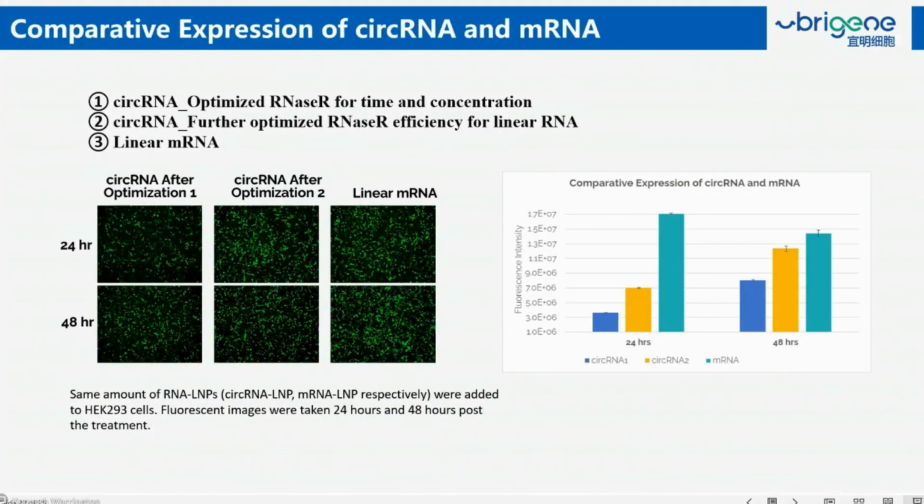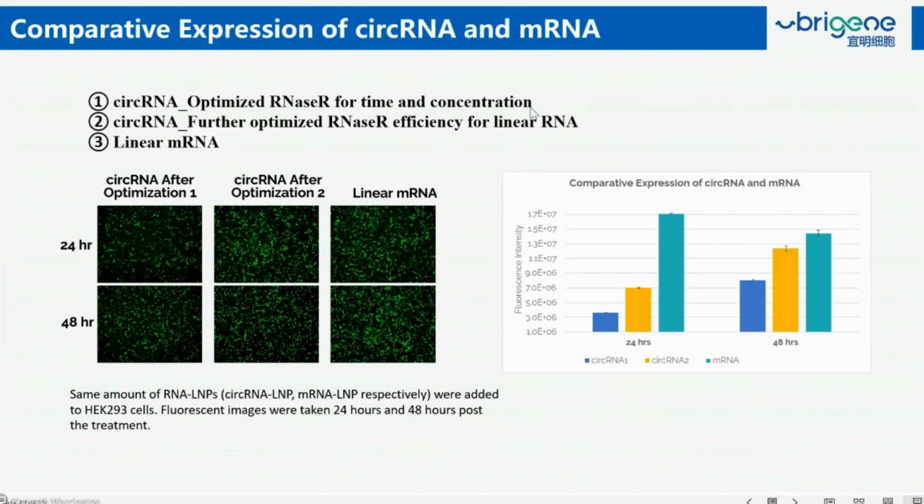Comparing similarly, looking at circular RNA versus mRNA. In this case, we have the same amount of RNA LNPs for both of these RNA forms, and these were added to 293 cells in these images, and fluorescent images again were taken 24, and in this case 48 hours post delivery of the LNP, and you can see that there's a comparative expression in the right panel.